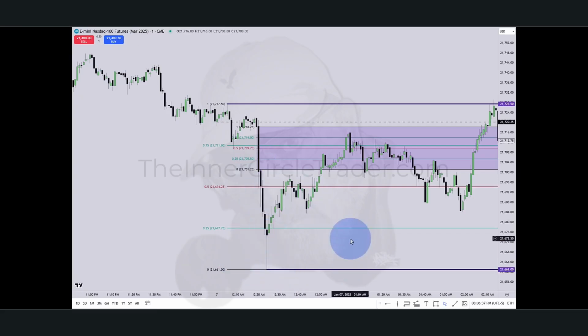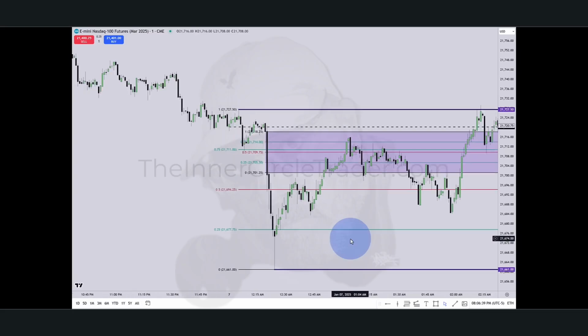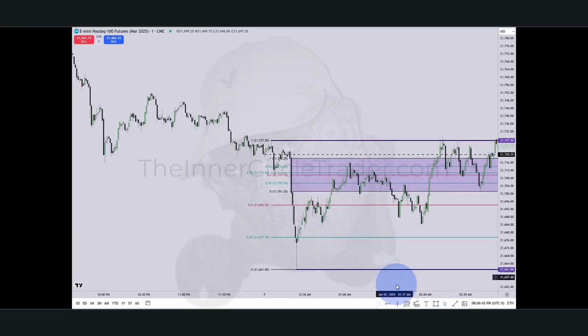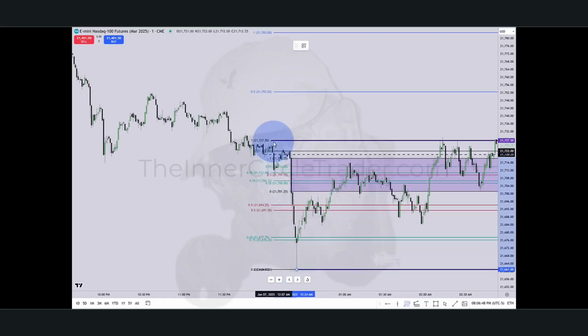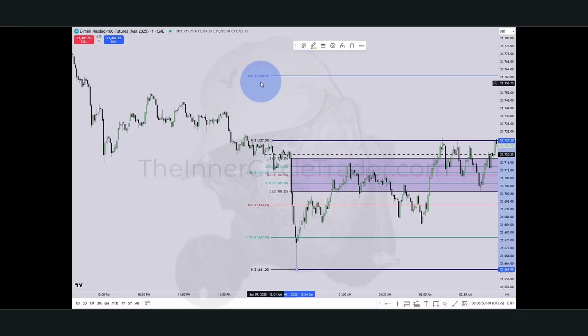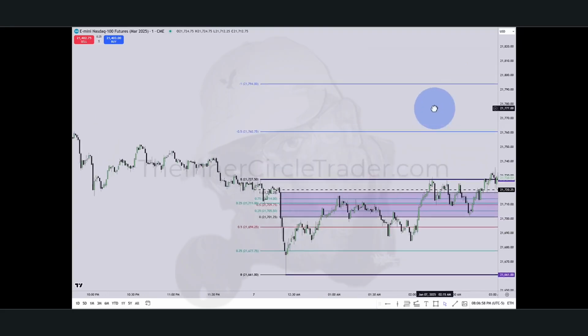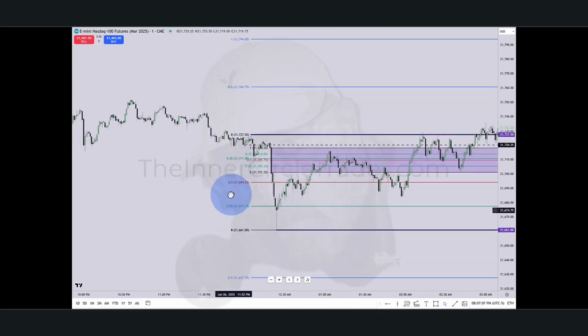Well, if we scrunch this thing up here a little bit and we apply the fib both directions. So here's negative 0.5 and then negative 1, and then we have the standard deviations that are projected lower down here.